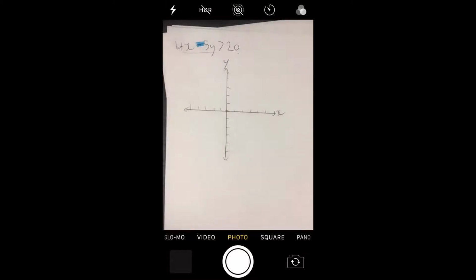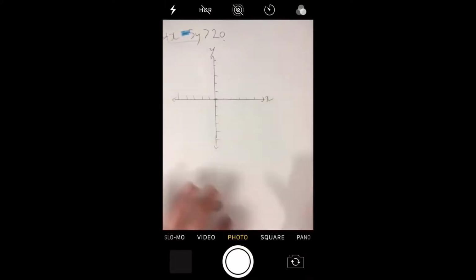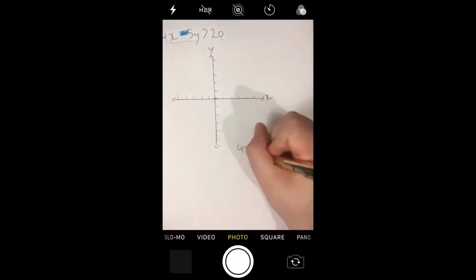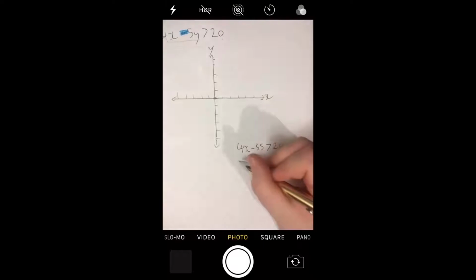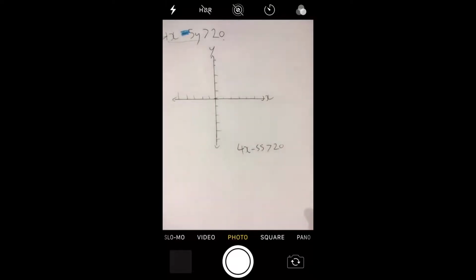So if I have, and I'm going to work down here for a sec, 4x take 5y must be greater than 20. What I can do is I can subtract 4x from both sides. Now, if I subtract 4x from both sides, that's going to cancel that 4x here.